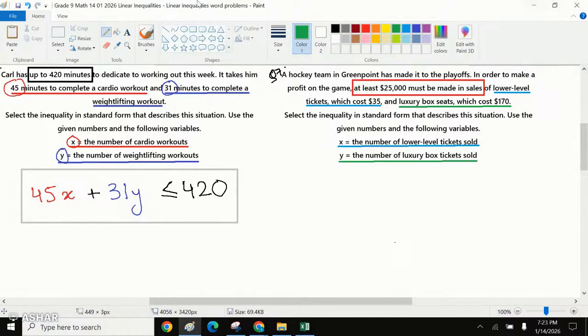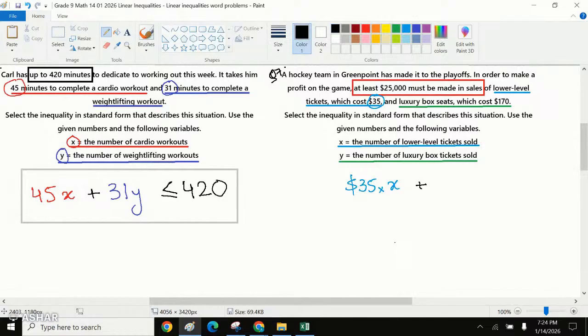They're saying at least this amount of sales has to be made, so minimum, that means we can go beyond this also. The sales can be minimum 25,000, but it can be 25,100, 26,000, any number above $25,000. Lower level tickets cost $35 depending on the number of tickets. If one ticket was sold, that would be $35. If 100 tickets were sold, we find 3,500 and so on.